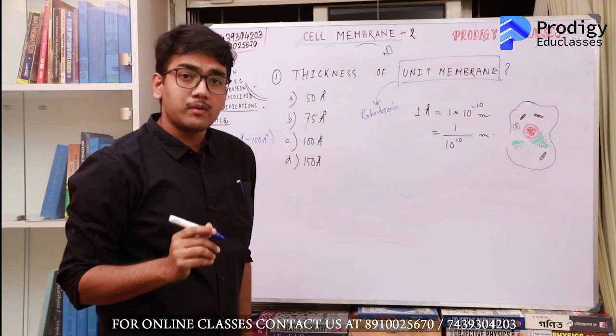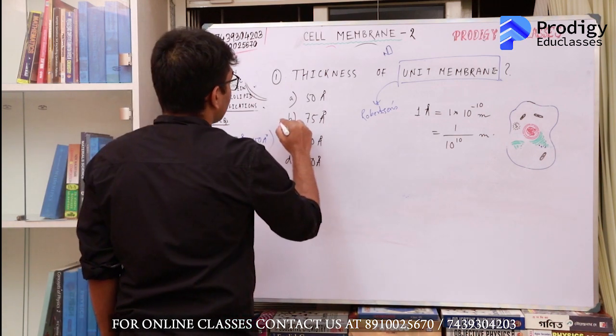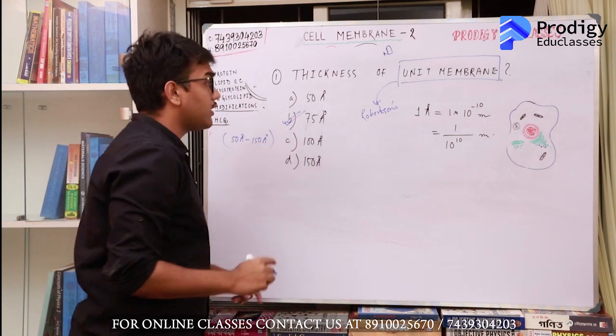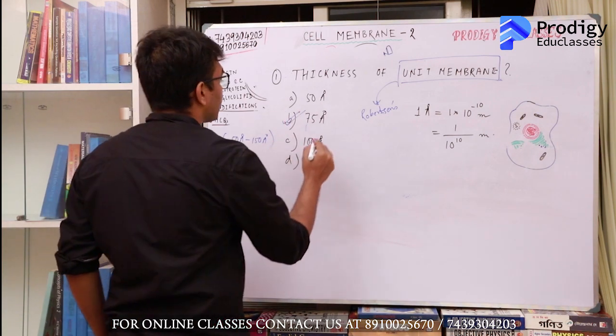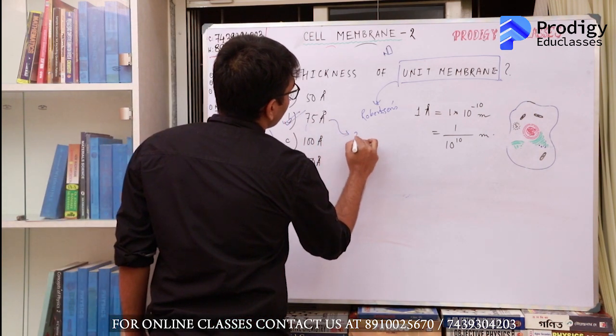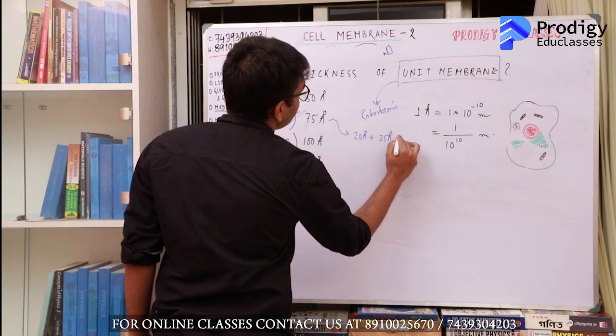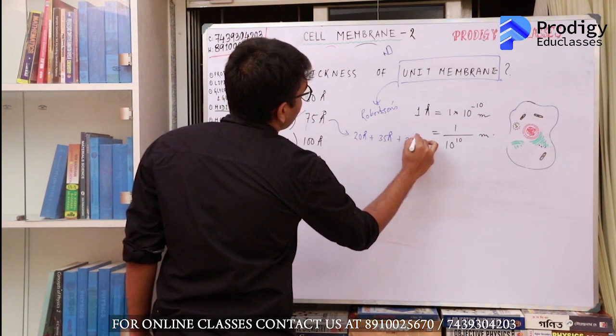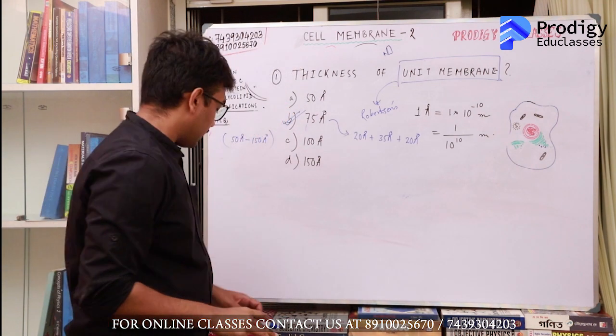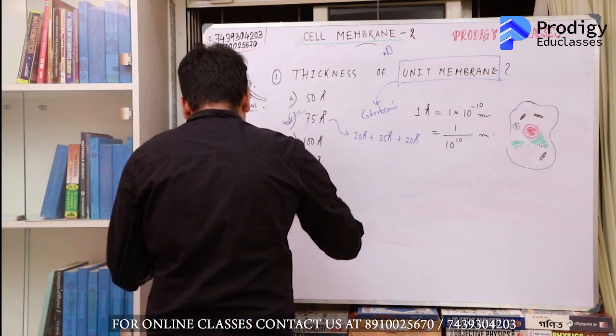In Robertson's unit membrane model, Robertson specifically mentions that the thickness of the unit membrane is 75 angstrom and it is composed of a 20 angstrom protein layer with 35 angstrom intermediate lipid and another 20 angstrom protein layer. Okay, coming to the next question.